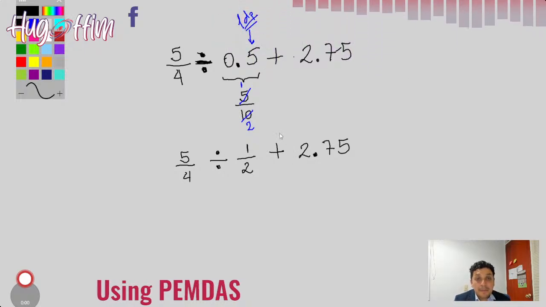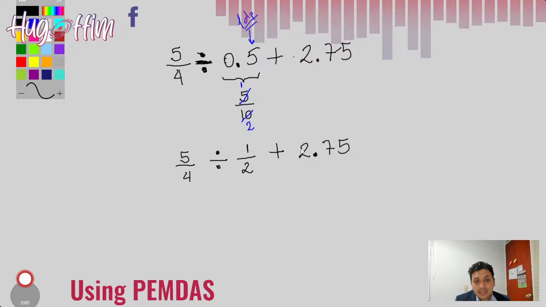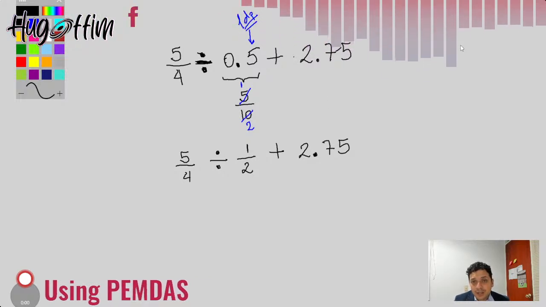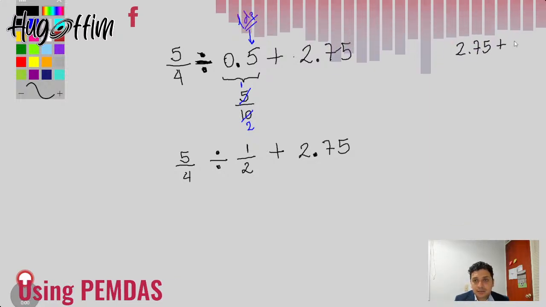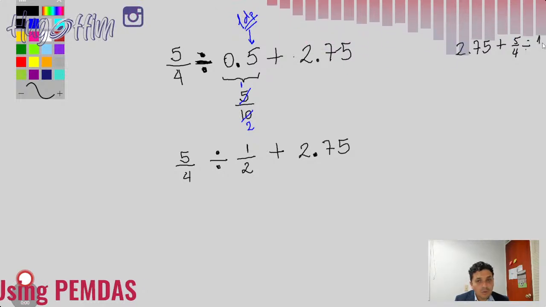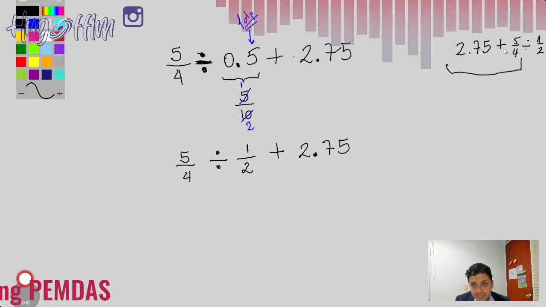So, PEMDAS. In PEMDAS, multiplication and division goes first. It doesn't matter the order. What happens if you have 2.75 plus 5 quarters divided by 1/2? You don't do this first.